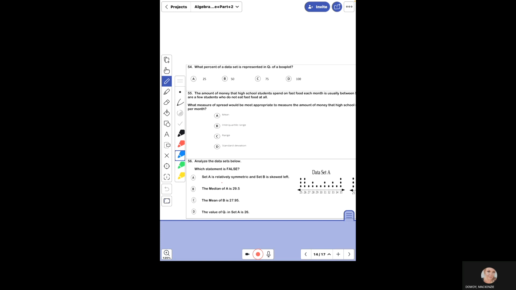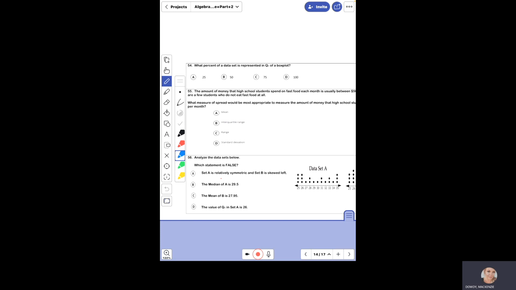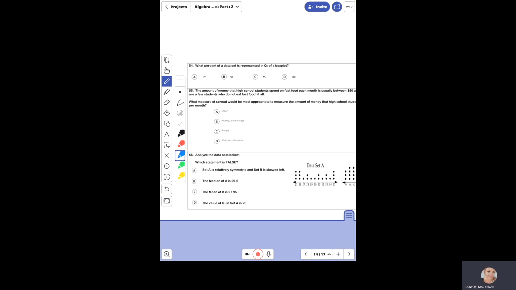54. What percent of a data set is represented in Q1 of the box plot? So remember that quarter 1 is, say you have a set of numbers here, then you have the median number here, you have another set of numbers here. That Q1 is the median of this set.